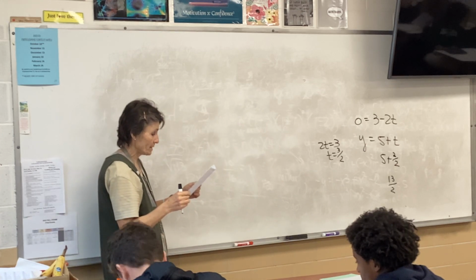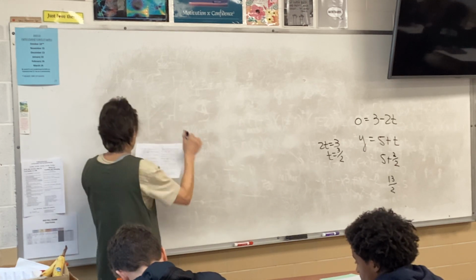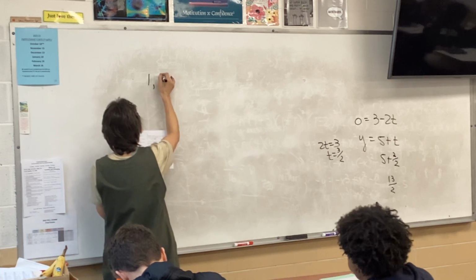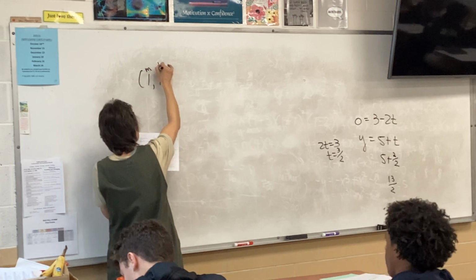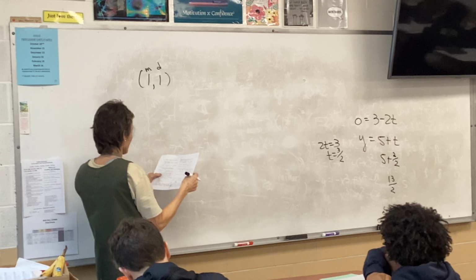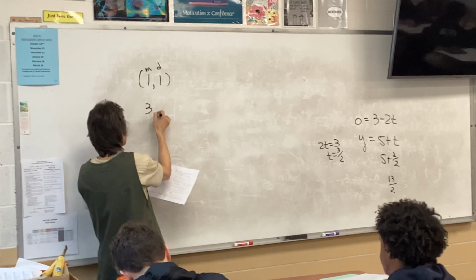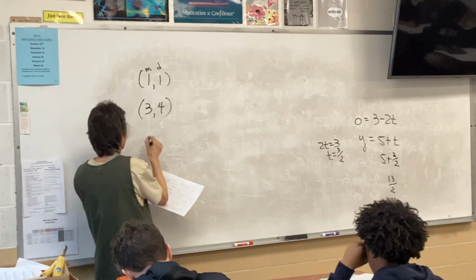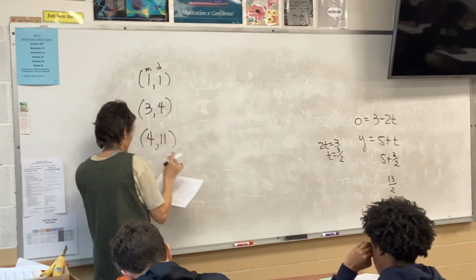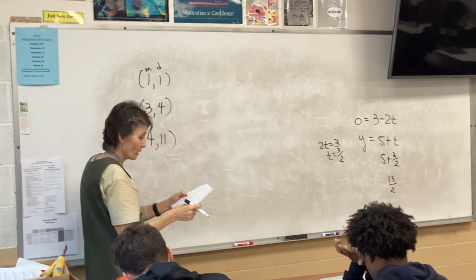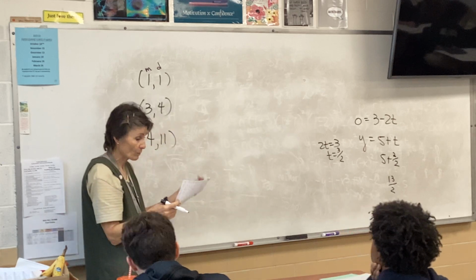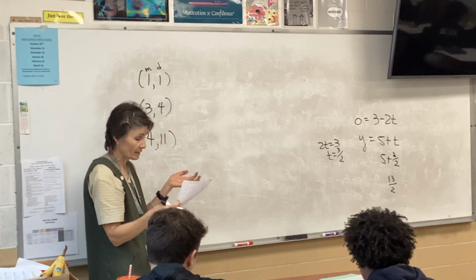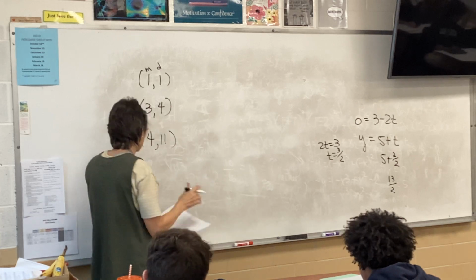So the points were 1, 1, and that's minutes and detentions. 3, 4. Oh, 4, gosh. 11. Write the quadratic, using the quadratic regression capability in your calculator, and then what are these 5 minutes late?